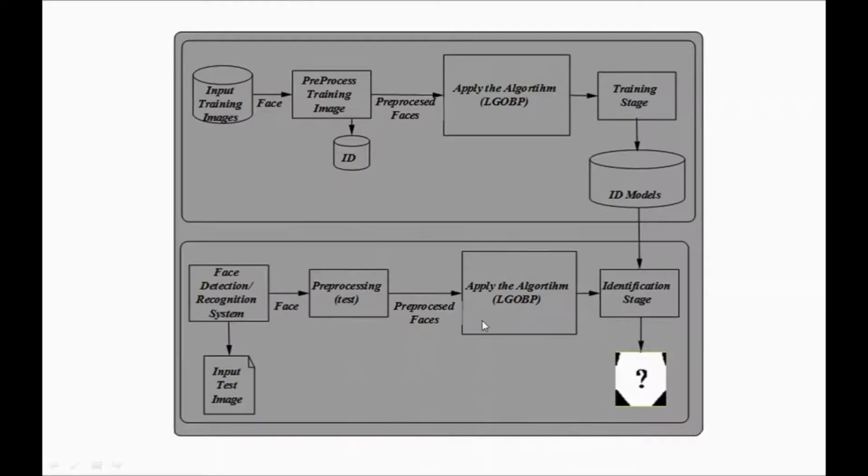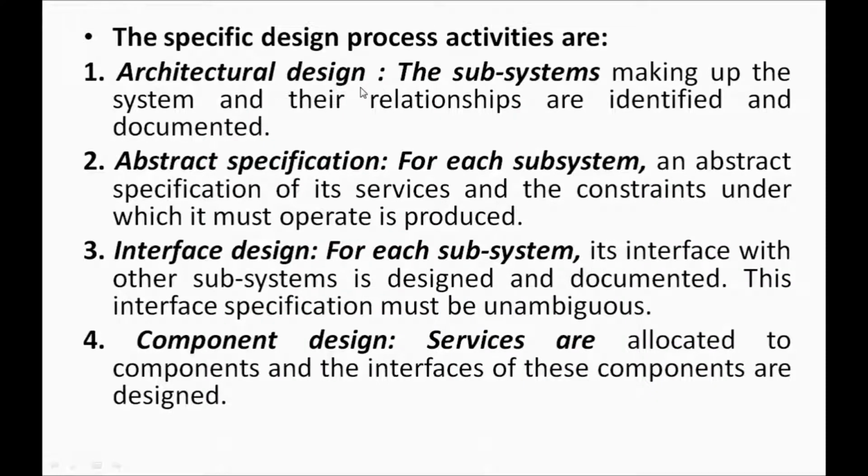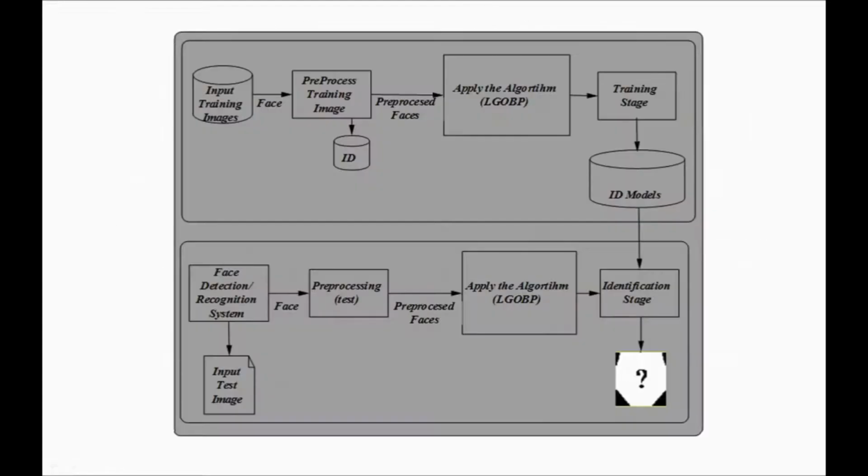So these are the subsystems and the relationships between them. This is the architectural design, the overall architecture of your software product. You have to convert your requirements into this form. Face recognition can be easily understood now if I see this diagram. Hope you are understanding.